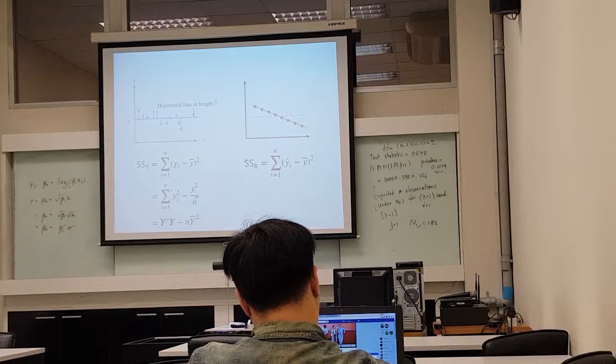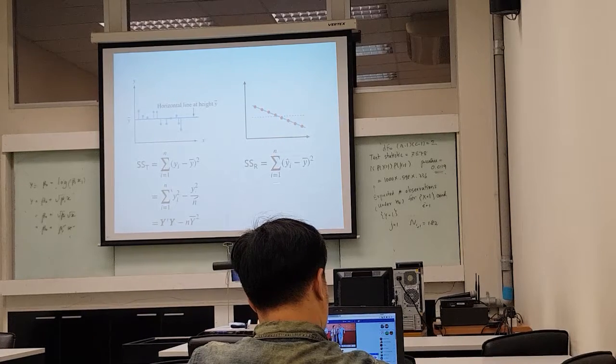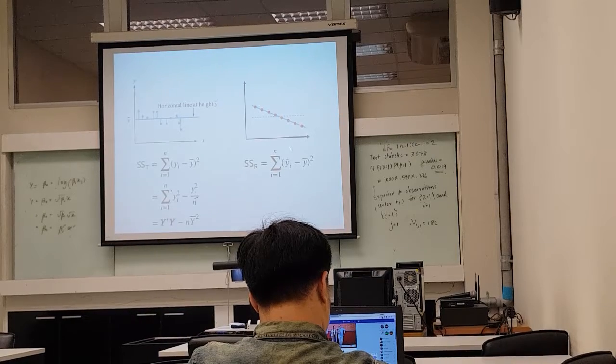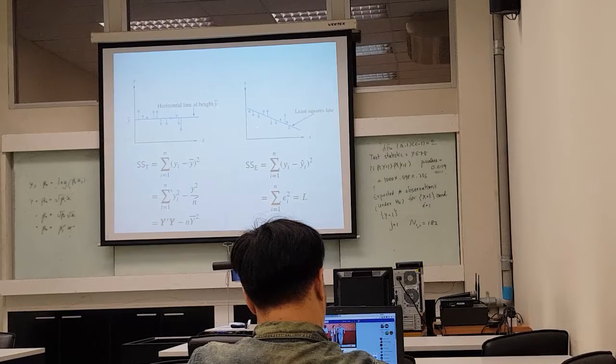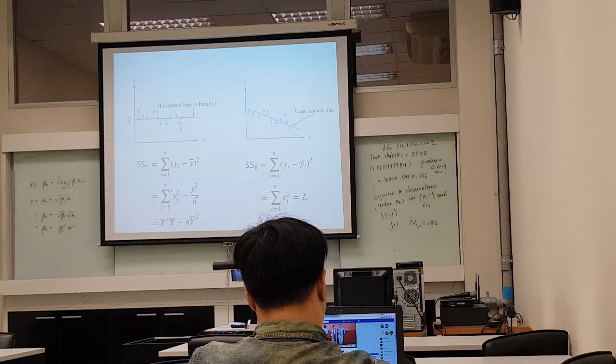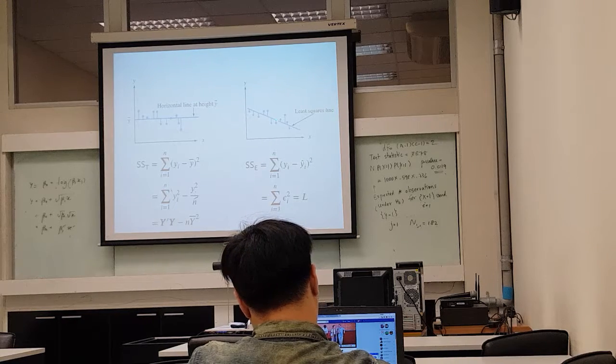So it tells you how the fitted model differs from the mean. And the error sum of square tells you how your data differ from the regression model.